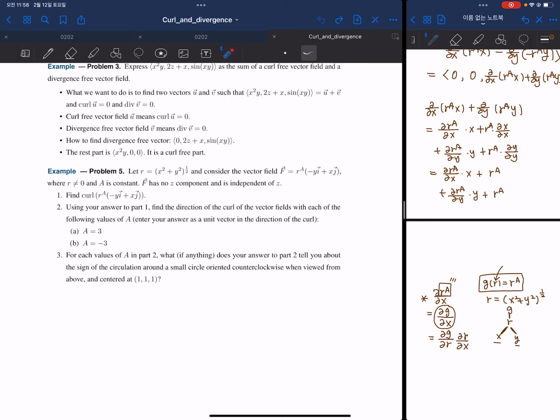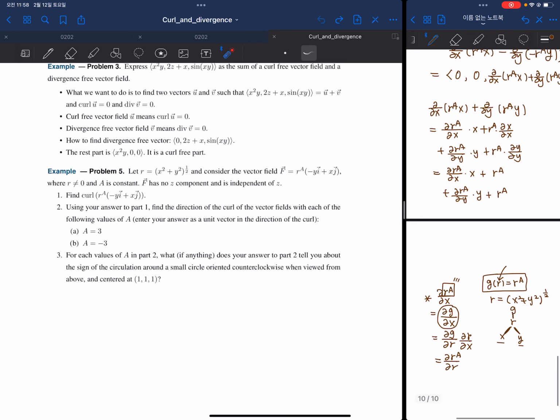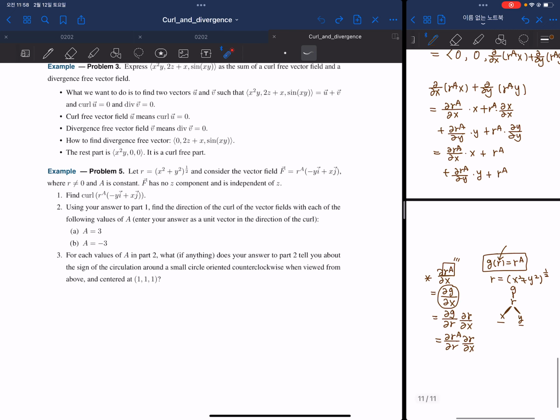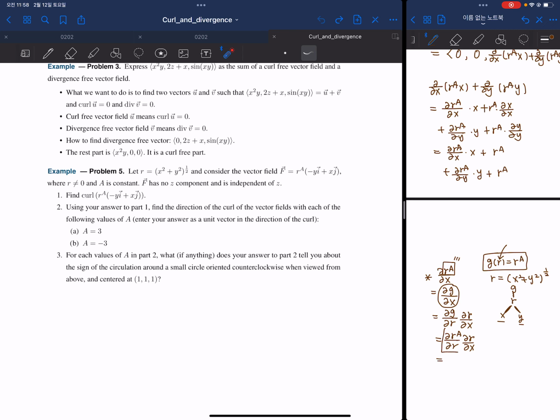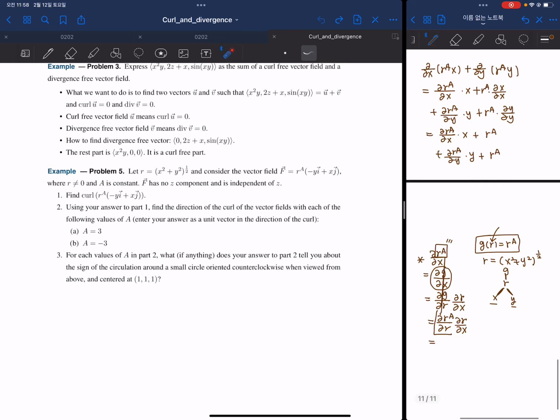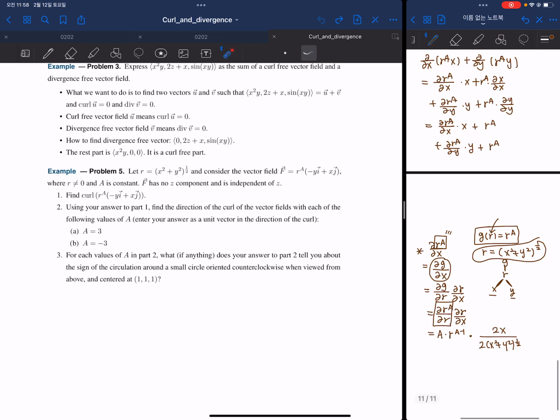Our g was r to the a, and then dr/dx. If we take the derivative with respect to r, we get a times r to the a minus 1. And then for dr/dx, since we have r like this, we take the derivative and get (x squared plus y squared) to the 1/2 power, times 2x, times 1/2.